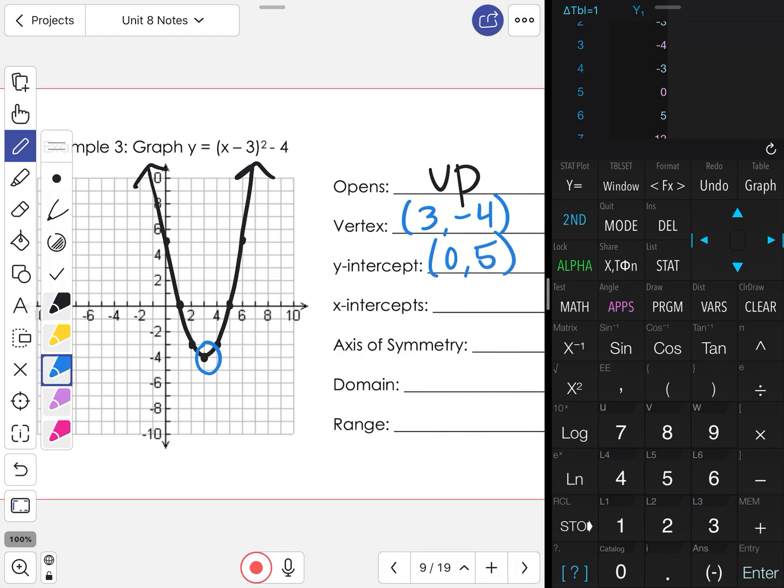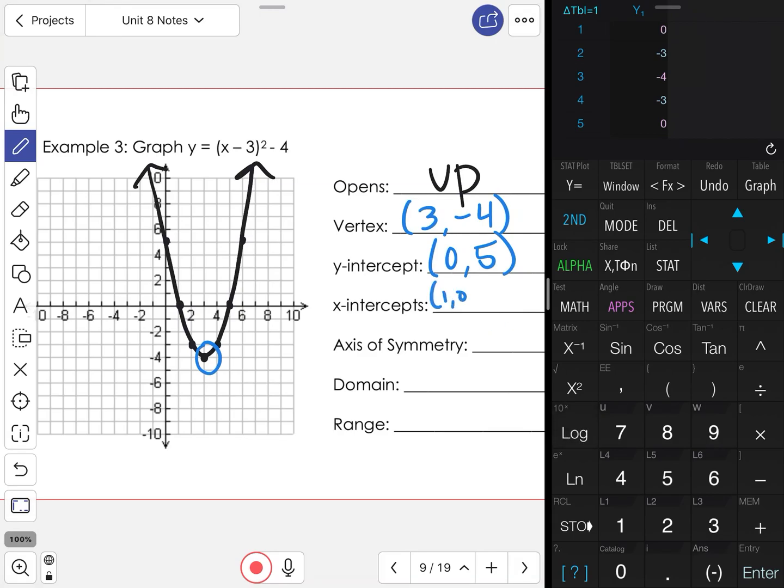Okay, then we need to find where we're crossing that x-axis, which this time we're crossing 2 times, so we're going to have 2 different points. So we have the point (1, 0), and the point we're crossing at (5, 0).